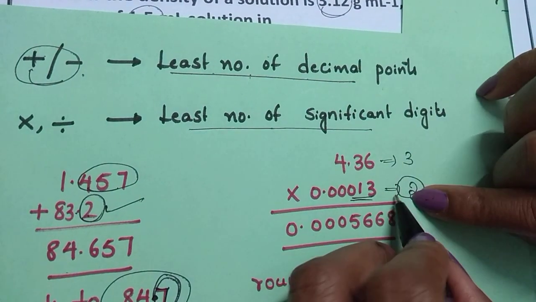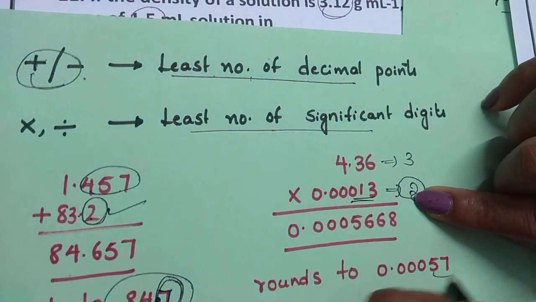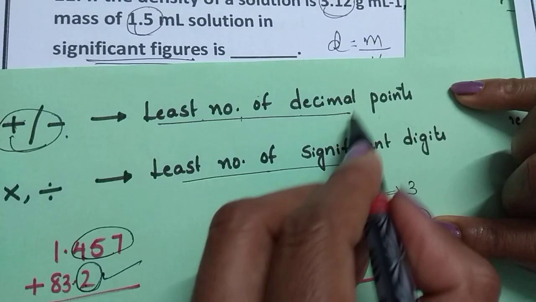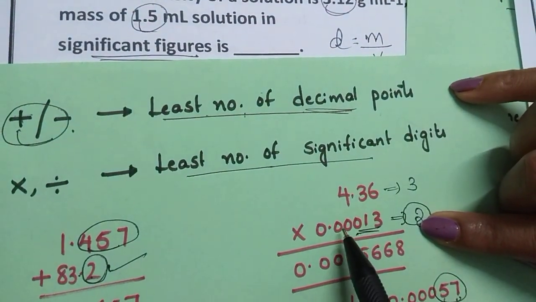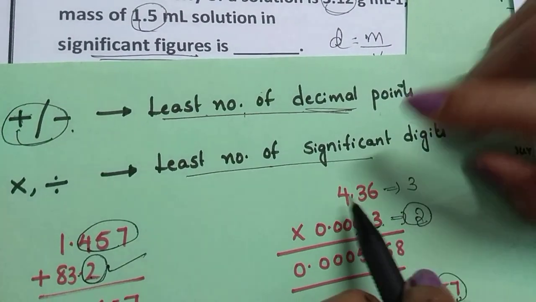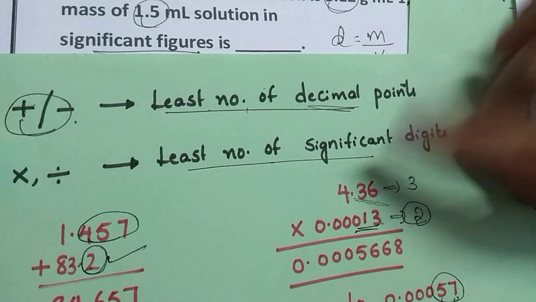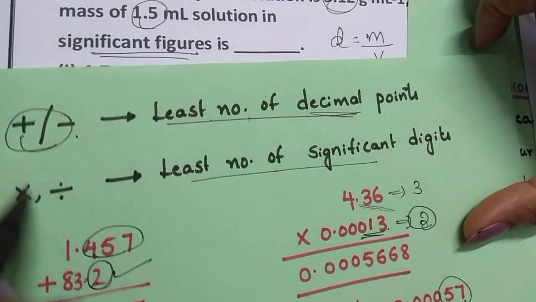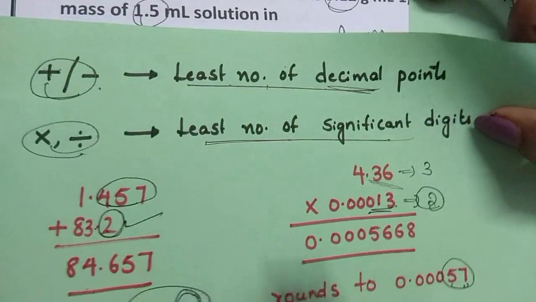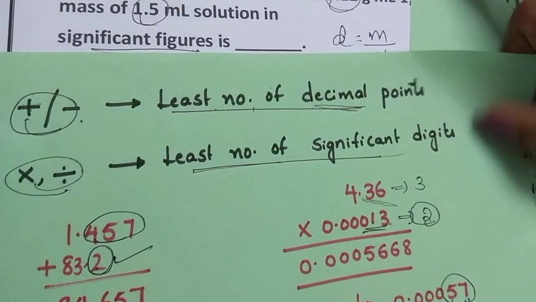So you have to round it off to only 2 significant figures. In this case you should not see decimals. Based on decimals you should not see. When you are doing multiplication or division, it is the least number of significant figures. These two are good examples to understand when you have to use what.